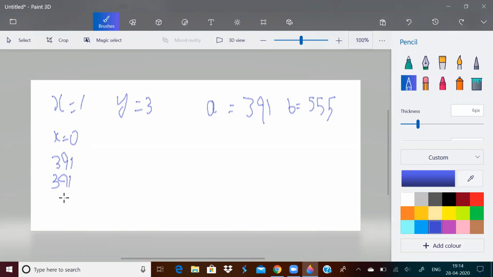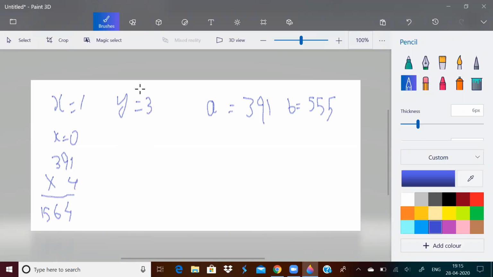Which basically means I need to apply the first operation, that is spend $a, 3 times for y to become 0 and 1 time for x to become 0. So in all, I need to apply the first operation 4 times. If we do the math, we will get this as the amount.